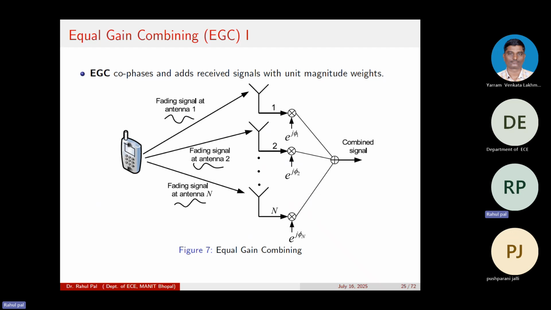But here we are using only the phase part to combine the signal. Okay, so now here e to the power minus j phi 1 is multiplied with the signal received at the first receiving antenna. So finally, all the signals are added and then we get the resultant signal. So this is known as equal gain combining.